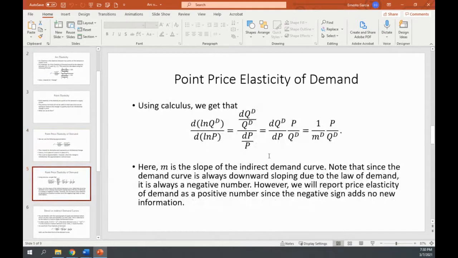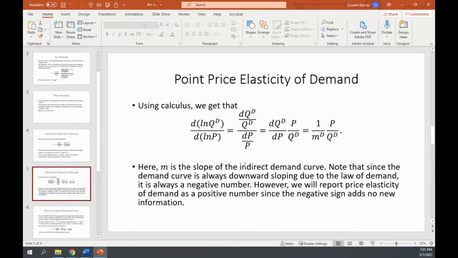Okay. So again, using calculus, and this is not a calculus class, so don't get too caught up in the details. This is just to show you how it's derived. We have our derivative of the log of quantity demanded with respect to the log of price.